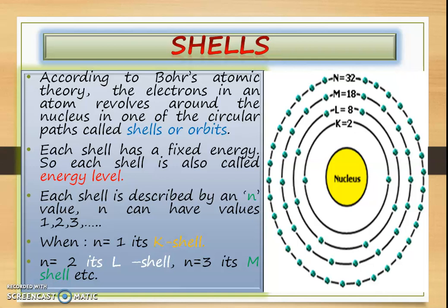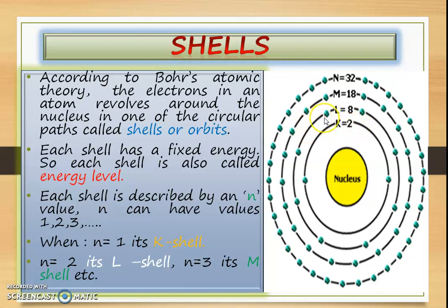We can represent the shells by small n, so n has many values that are 1, 2, 3 and so on. If the value of n is equal to 1, it means we are talking about K shell. So K is the first shell, it means the value of n is 1. And K shell accommodates a maximum of 2 electrons.